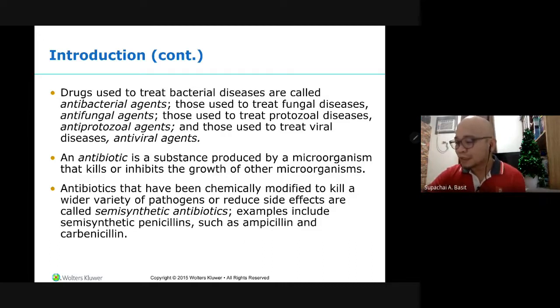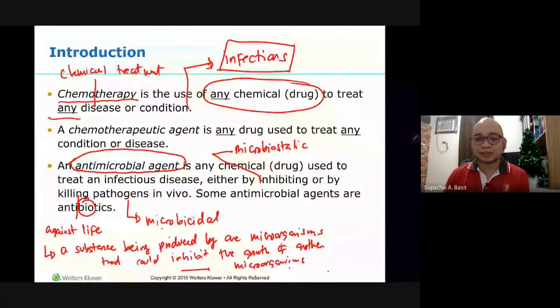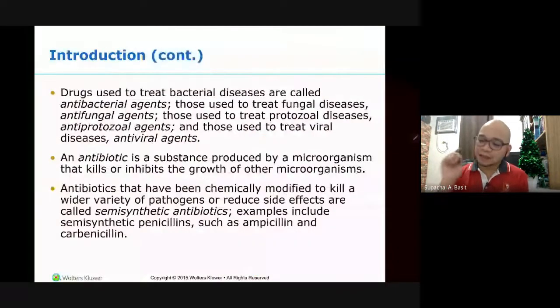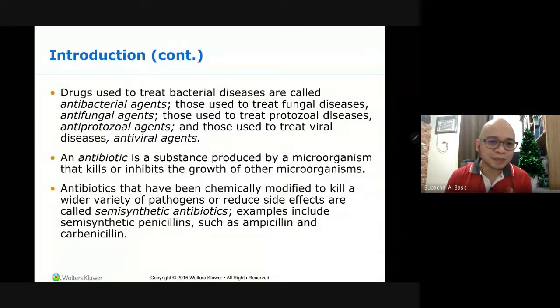Okay? So that is antibiotics. A natural antibiotic was discovered by Alexander Fleming in 1928 from a fungus, Penicillium notatum. When you say drugs used to treat bacterial disease, they are called antibacterial agents.